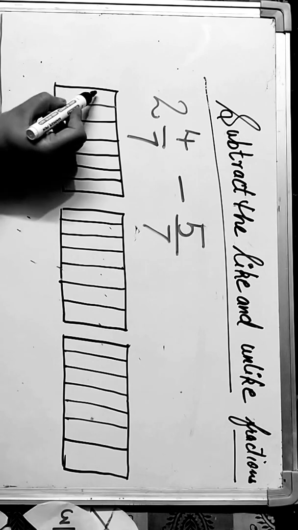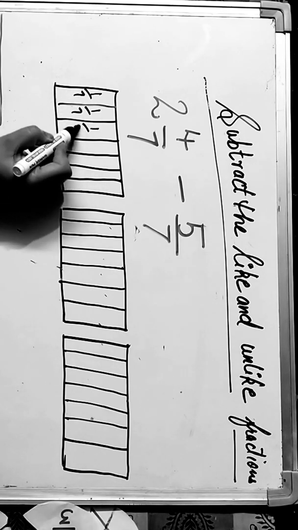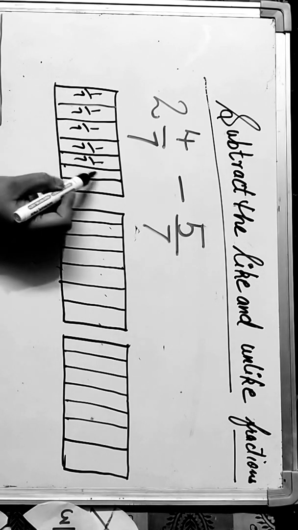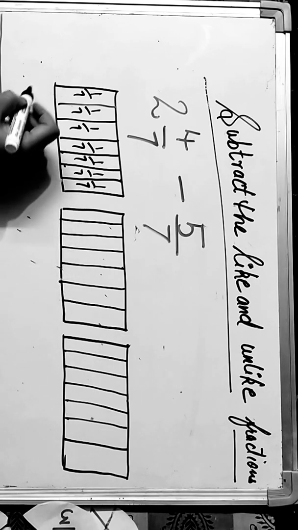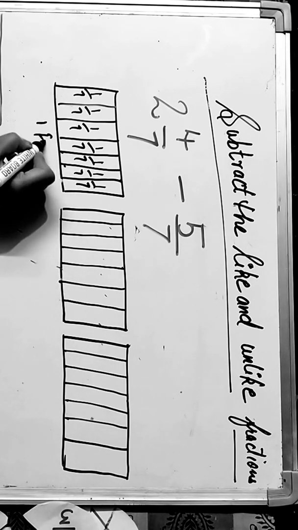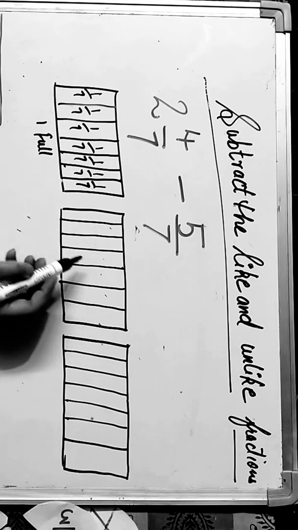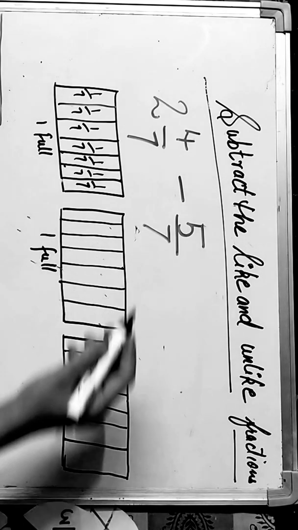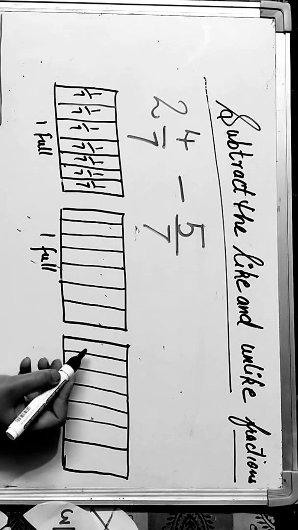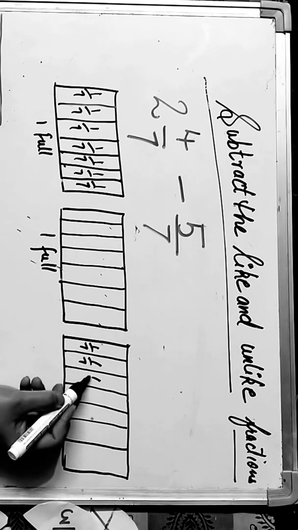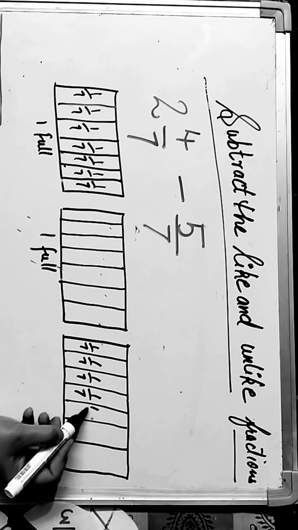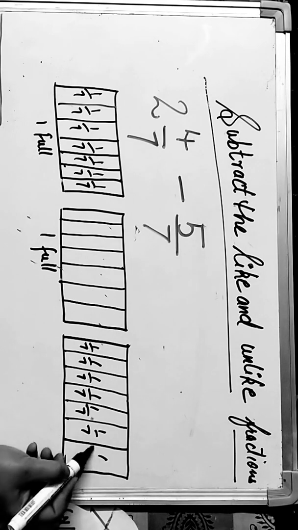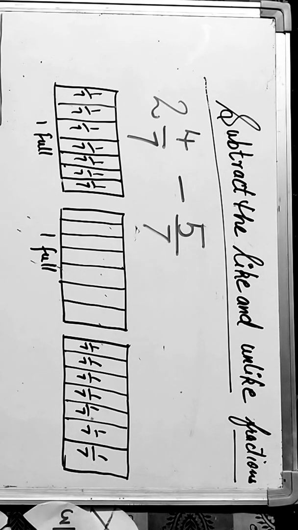Let us name them. These are 1/7, 1/7, 1/7, 1/7, 1/7, 1/7, 1/7. 7/7 will make one full chocolate. This is again one full chocolate, and each piece size is named as 1/7. How many do we have in total?